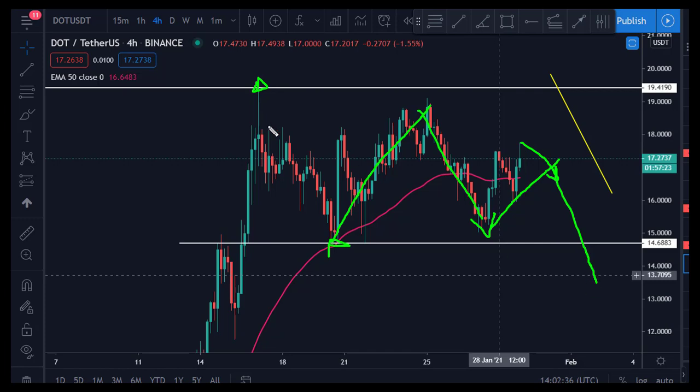But going down is just to complete this structure, whereby the bulls can take over from there and ride the market up. I believe this still has a lot of potential of going up, but I'm looking at the 4-hour chart, at what the market is telling us.